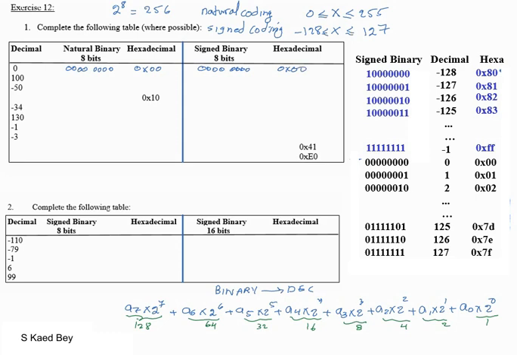If we take the second decimal of 100, the 100 is in fact 64 added with 32 added with another 4. If we replace ones in those places, we will end up with the following binary. And if you go back to our exercises 1 and 2, you need to look at 4 bits at a time in order to convert this to hexadecimal.